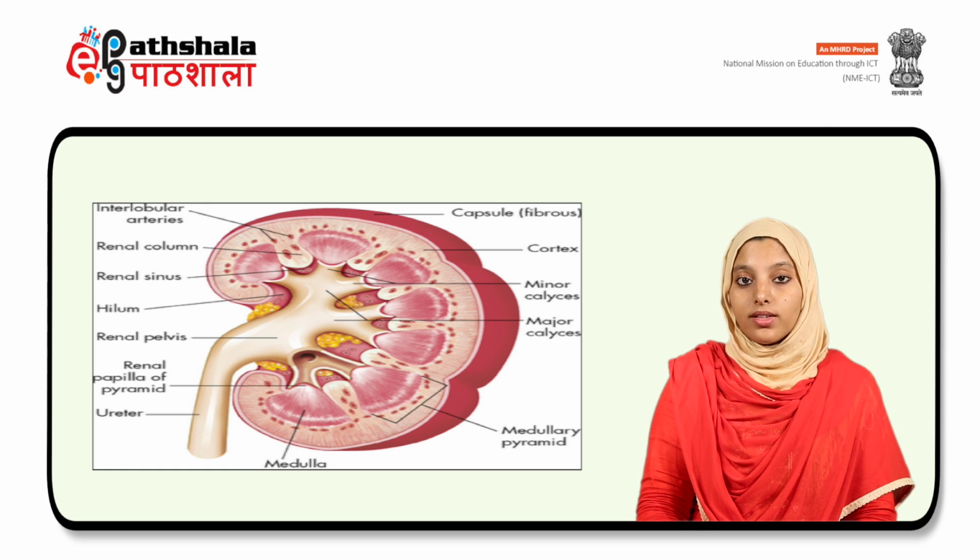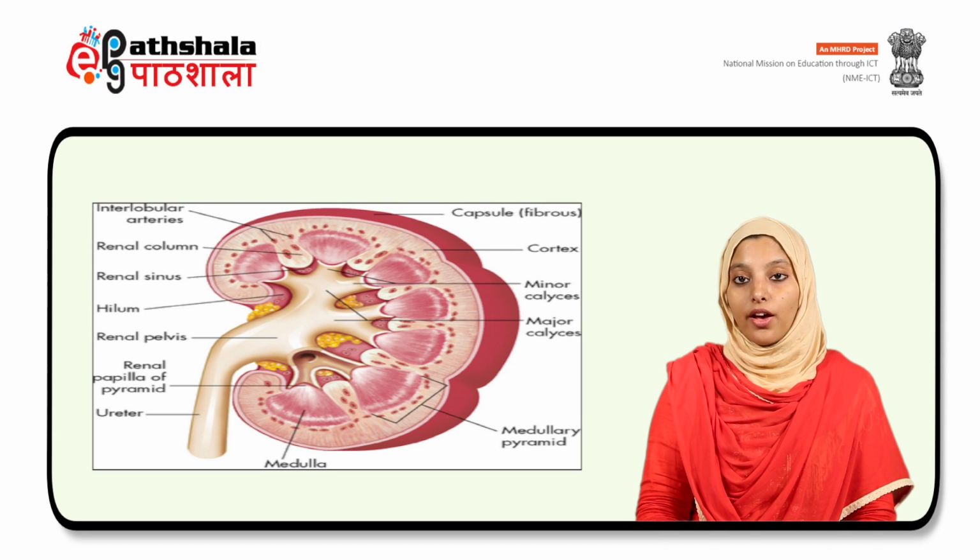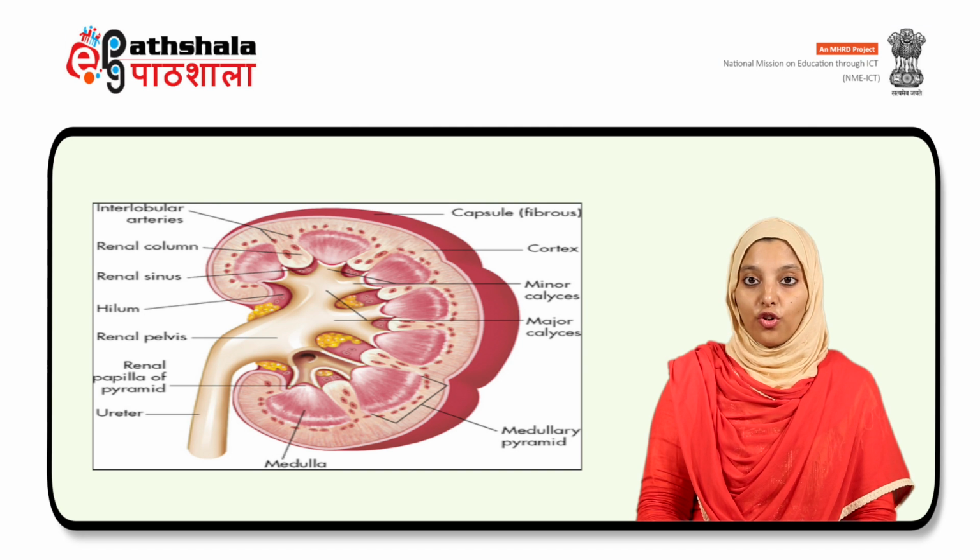Furthermore, the medulla is subdivided into outer stripe of outer medulla, the inner stripe of outer medulla and the inner medulla. We know that the functional unit of kidney is nephron, the structure that is actually responsible for the filtration of blood and formation of urine. There are 10 lakh nephrons present in each human kidney.